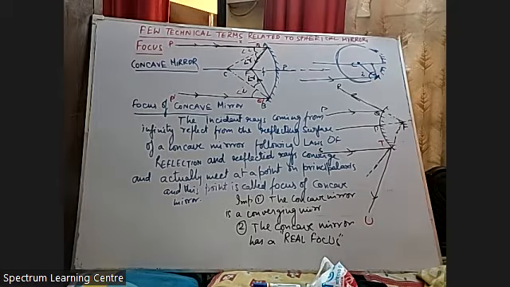It is the distance between the focus and the pole. So that is called focal length. Pratyasha, understood? Yes, sir. The distance between the pole and focus of a spherical mirror is called its focal length.